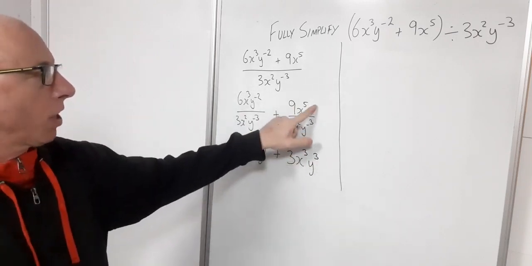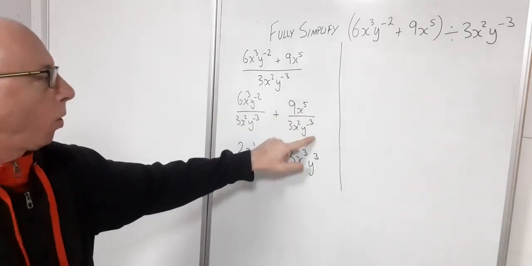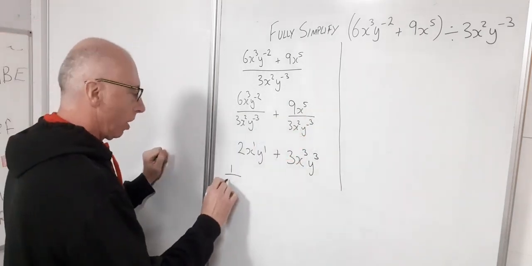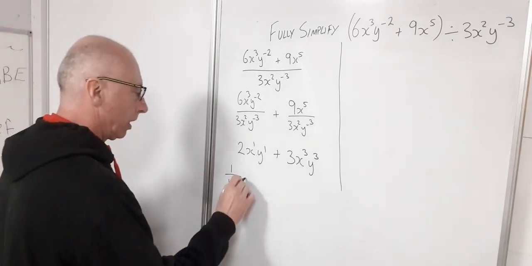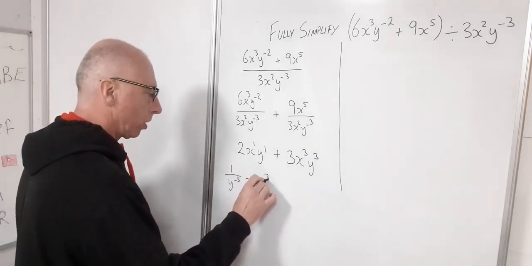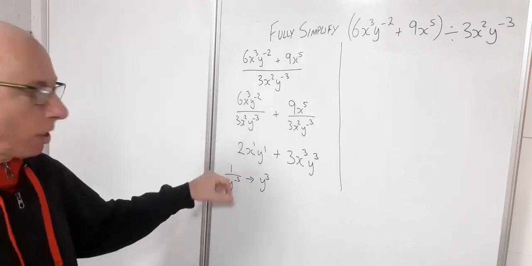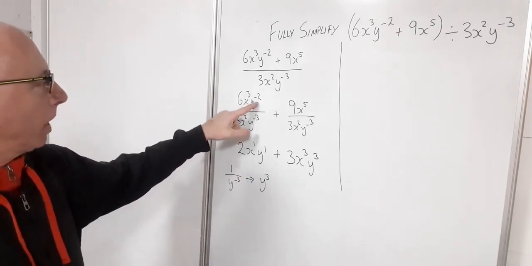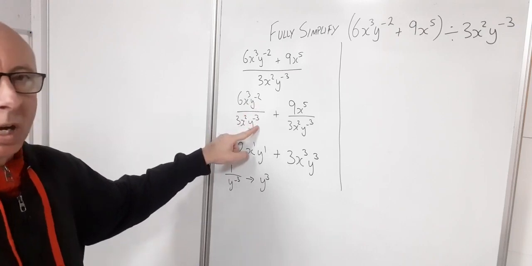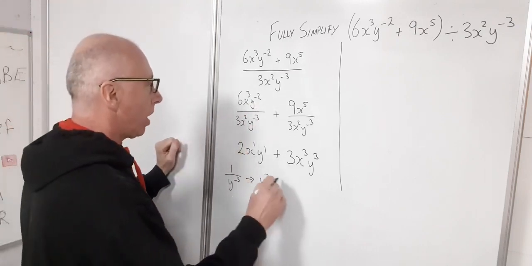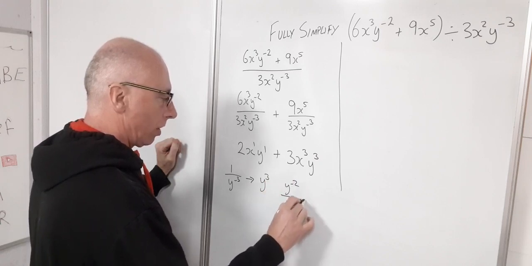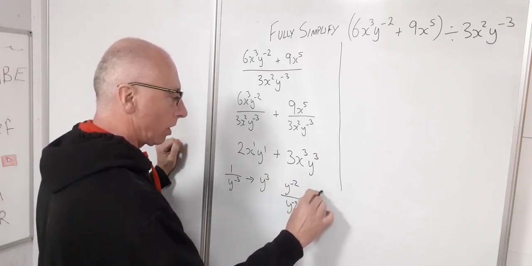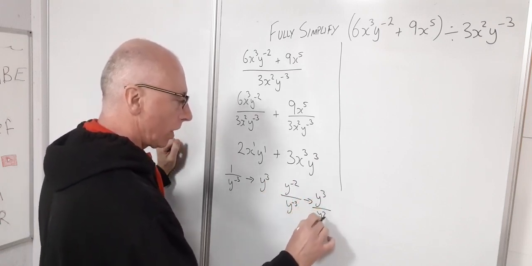Now the reason for that is simply that I've got 1 over y to the minus 3, so I can rewrite that as y cubed, because it's the reciprocal. And the same here: y to the minus 2 over y to the minus 3, I could rewrite that as y cubed over y squared.